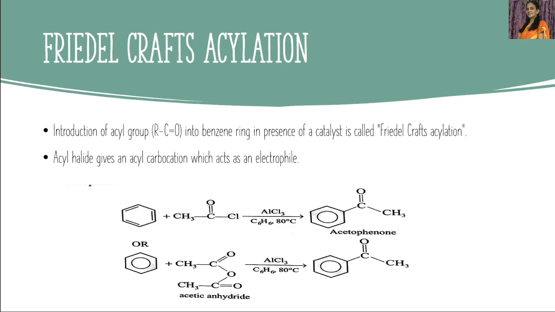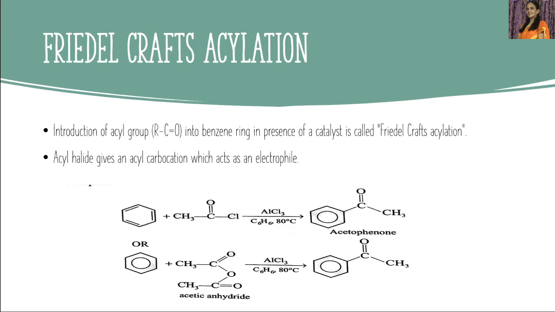And here acyl halide gives an acyl carbocation which acts as an electrophile. In this acylation reaction, acyl halide is considered as a reagent which produces acyl carbocation or acyl carbonium as an electrophile, and that goes and attacks the benzene ring to form the final product as acyl benzene.